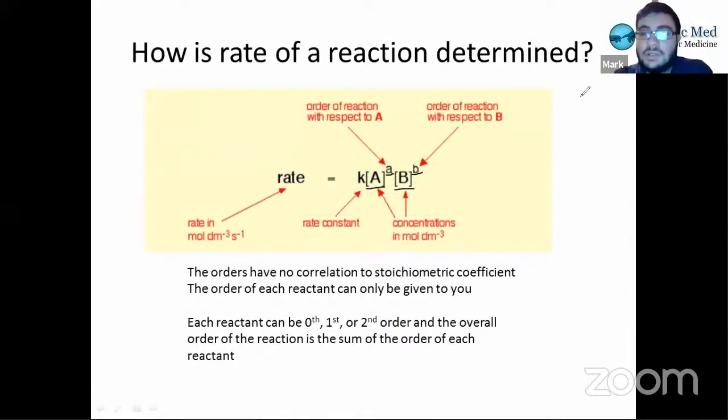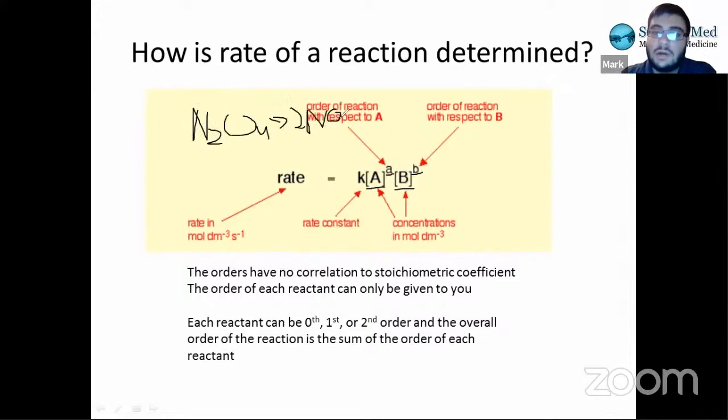Like I mentioned in equilibrium, exponents reflected coefficients. In reaction order and reaction rate, they do not reflect coefficients. For example, take our example that we've talked about all day, N2O4 to NO2.